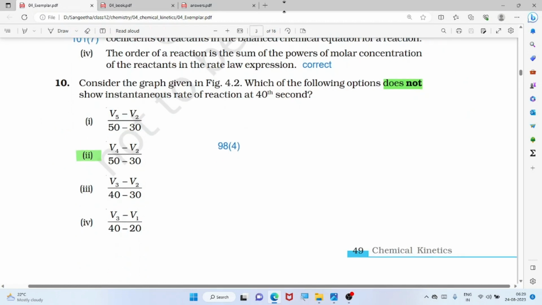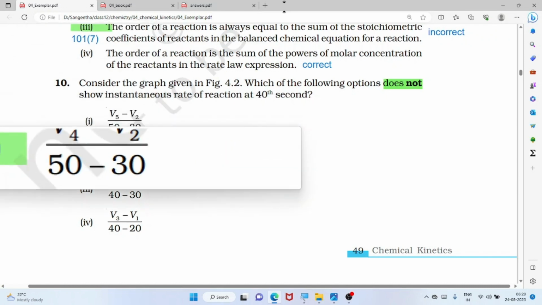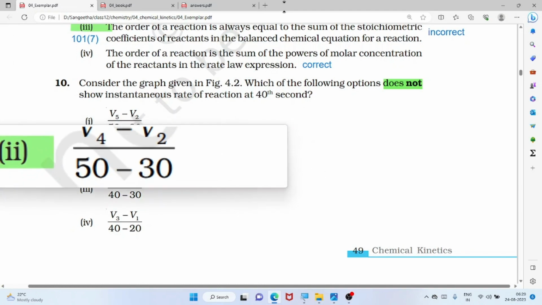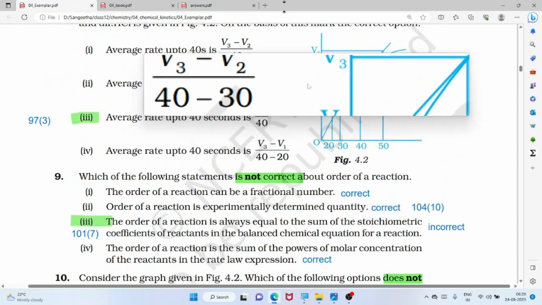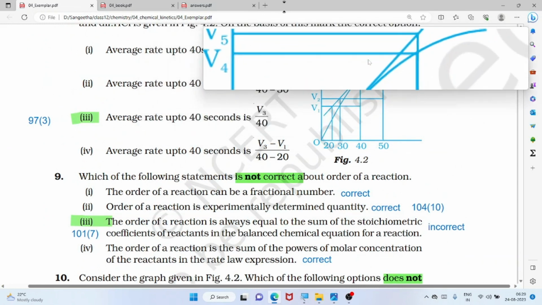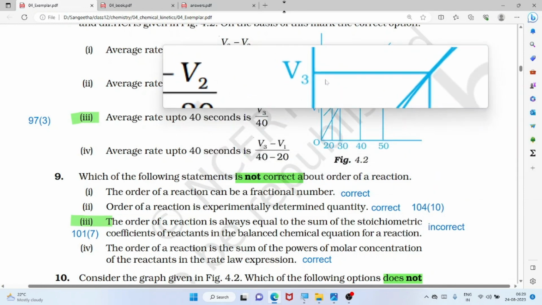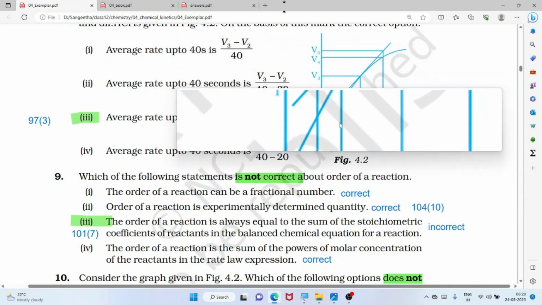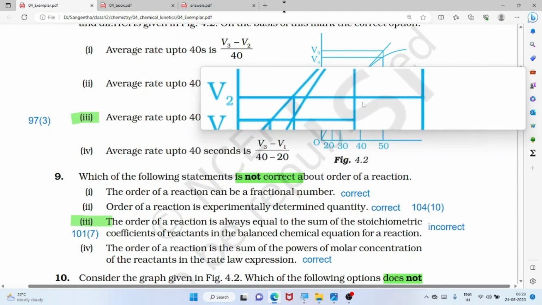Which of the following does not show the instantaneous rate? Okay, we have to see instantaneous rate. So here the difference in volume, V4 minus V2, 50 minus 30, they are taking V4 minus V2.